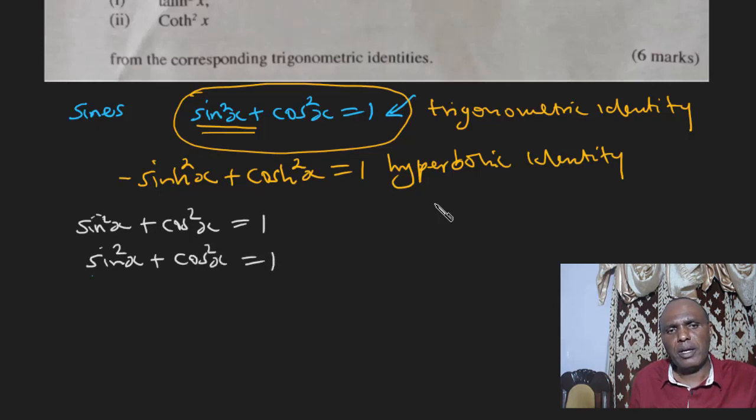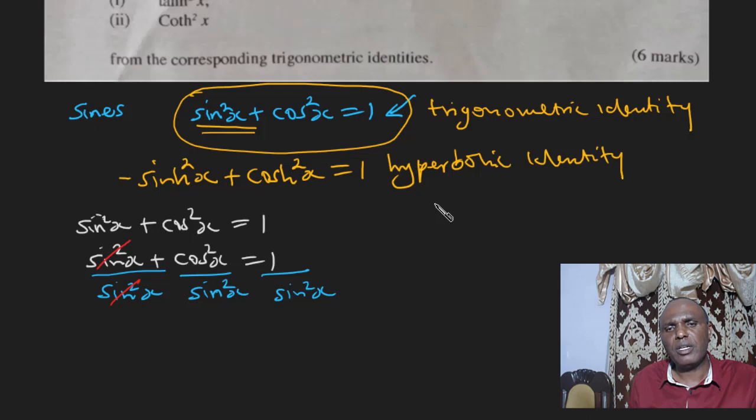We divide by sin squared x here, over sin squared x, and here sin squared x and sin squared x will cancel.